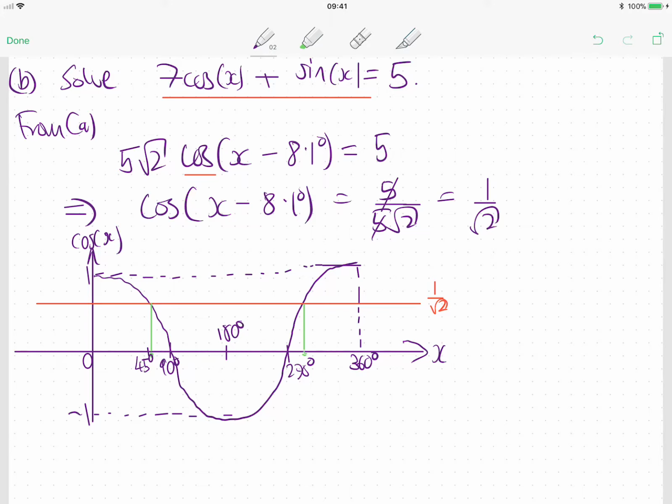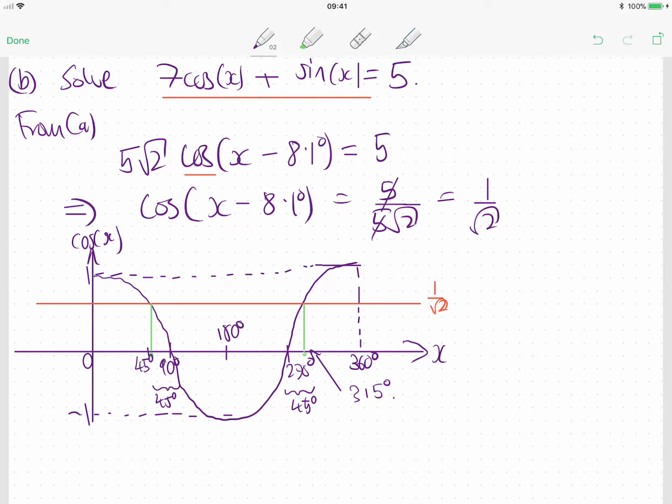So I know the distance in here is 45. If that distance is 45, then using the symmetry of the graph, this one must be 45. So at this point in here, 270 plus 45.